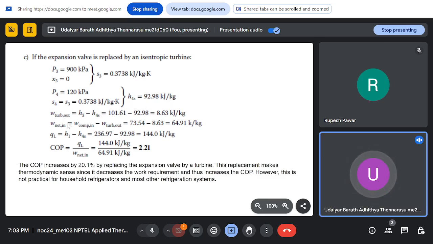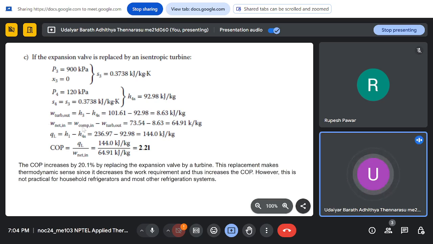So with this, the turbine work output we are getting is 8.63 kilojoule per kg, and the net work for the cycle is: you are giving some work to the compressor, and because of replacing the valve with a turbine you are getting some work output.